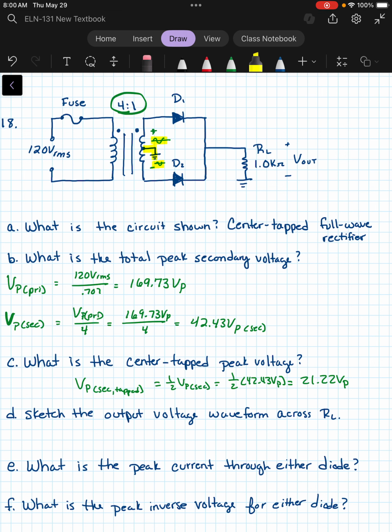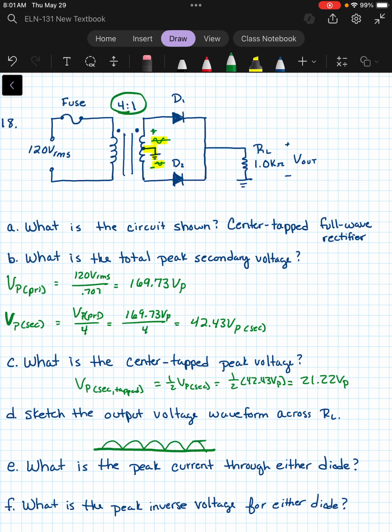So we're going to sketch the output waveform across RL. Now this is going to be a full wave rectified output. So what we would see is for every half cycle of our sinusoidal waveform, that's going to become a positive peak in our output.